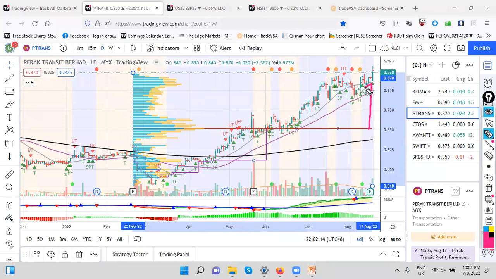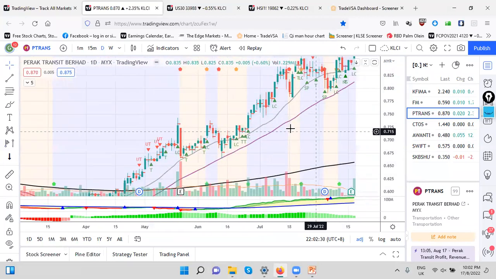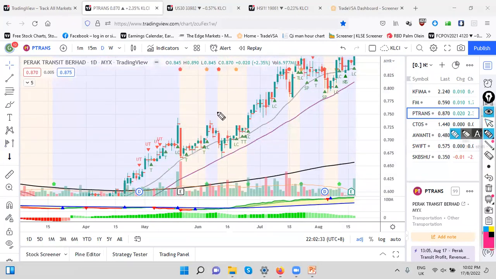Only if this one shapes up and develops into a P, then it will be time to drop. So I'm not concentrating on this volume profile. You can see it in many ways. This is the red line, so you just concentrate on this red line.